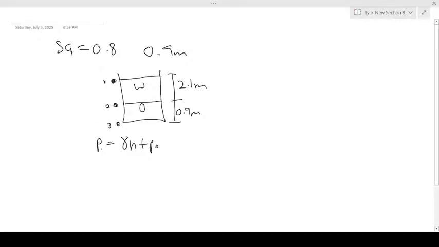At point 1, you can see that the height below that point is 0, because that is the starting point of the fluid. And at this point, the tank is exposed to the atmosphere.